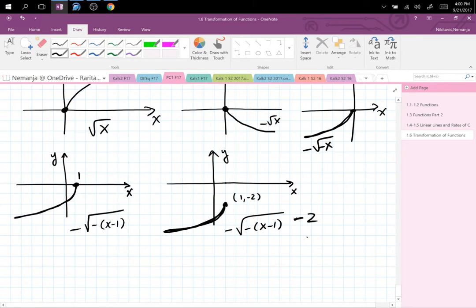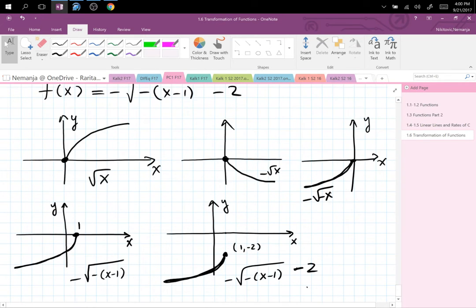Hopefully you see that if I shifted first, graph would be here, and then I shifted it down, graph would be here, and now you have to do the reflection on x-axis, and this thing is dangling in the air, right?